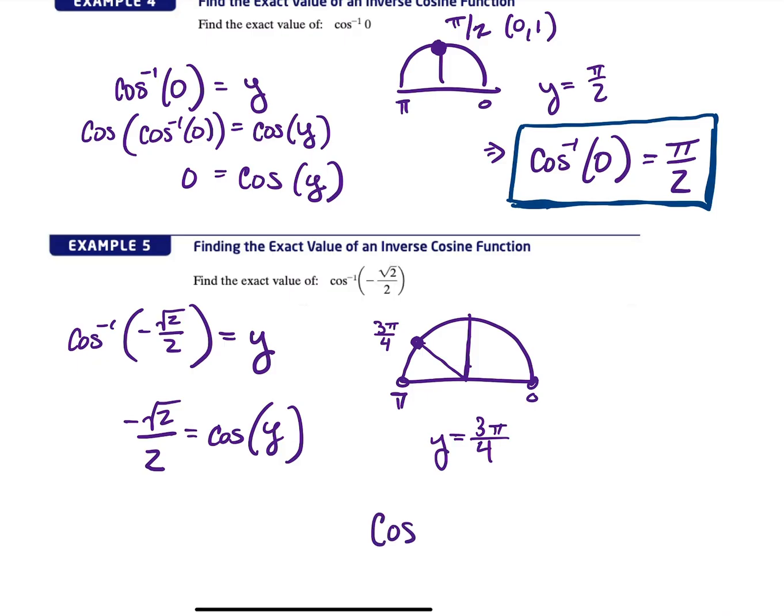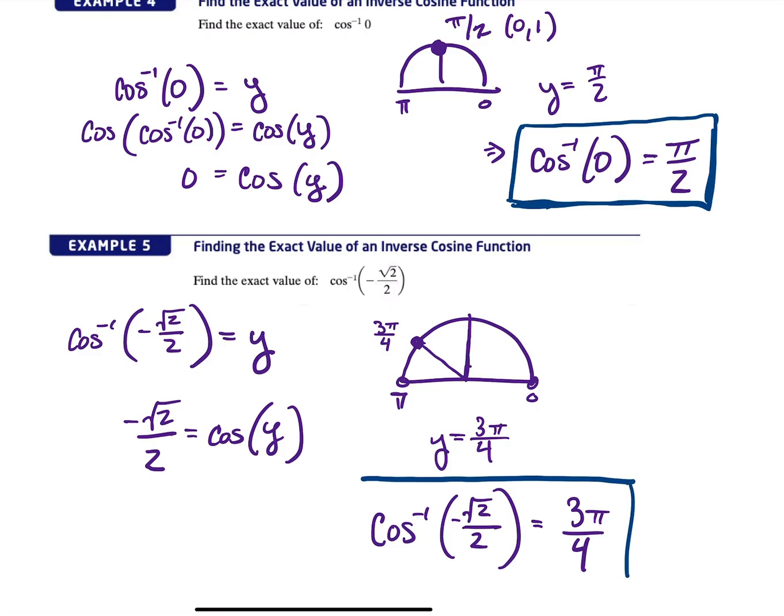So the inverse cosine of negative root 2 over 2 equals 3 pi over 4. That's the angle that produces a cosine of negative root 2 over 2 in this restricted interval. And just like our last one, there is a second angle in the third quadrant that has a negative root 2 over 2 cosine, but it's not in our restricted range. So you have to choose the one that's in the bounds that we're working in.